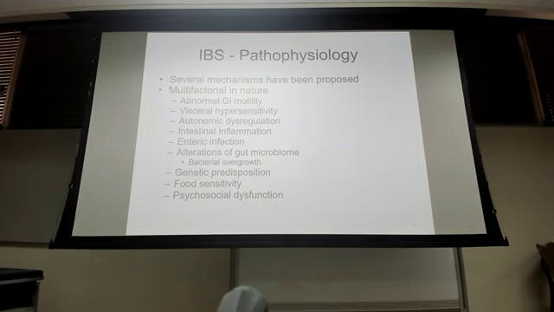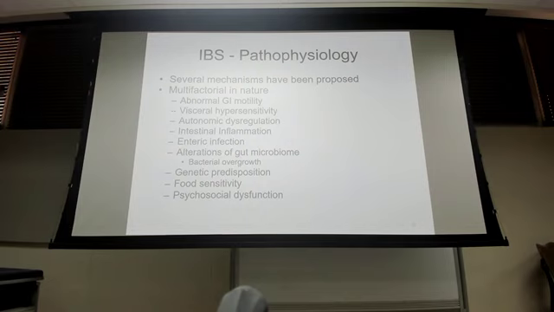Third, gut-brain axis. This is a huge one. So we'll talk about it a little bit more in depth on the next slides. But other contributing factors, we could talk about alterations in the microbiome of the gut, inflammation after there's been some type of infection, psychosocial issues, psychological stress, food sensitivities.